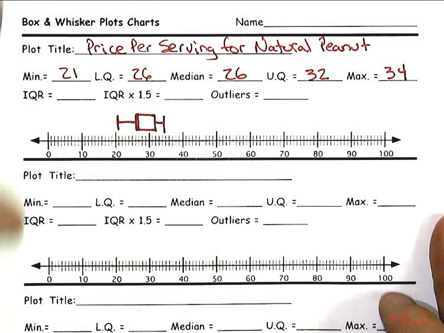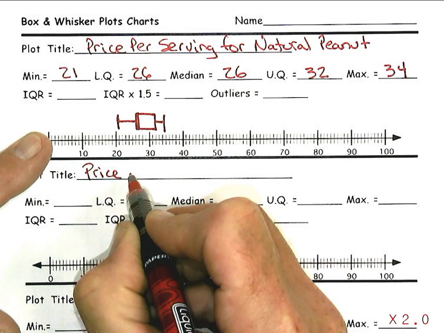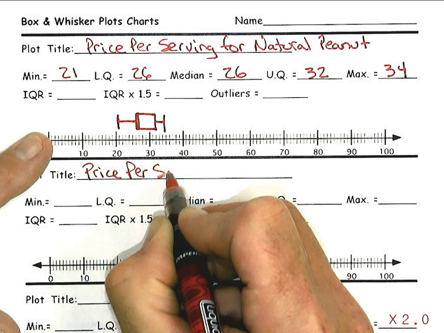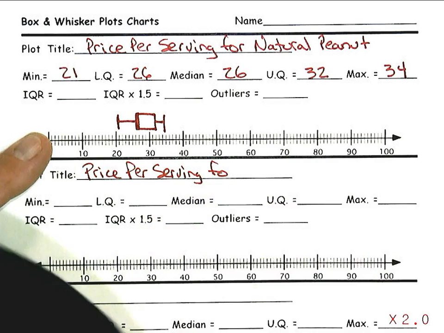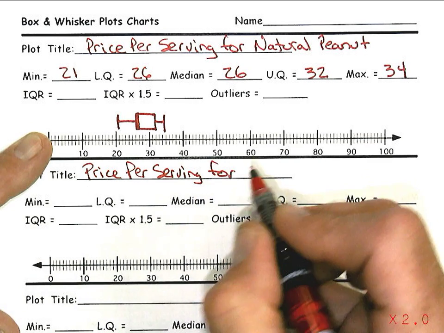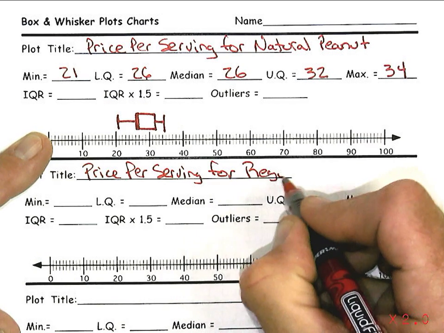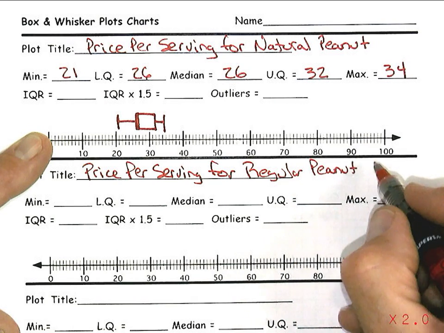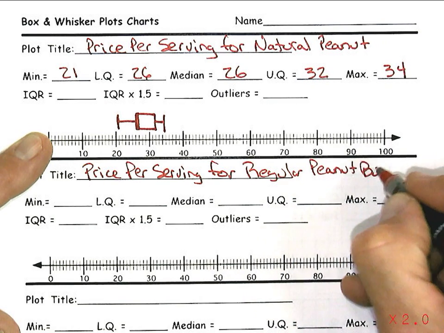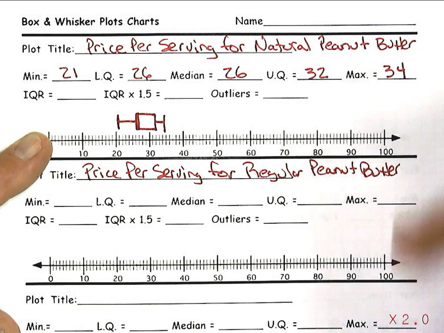So I'm going to make a second one, and this is the price per serving for regular peanut butters. Regular peanut butter. I'll go ahead and write butter on the end of this one here too. There we go.